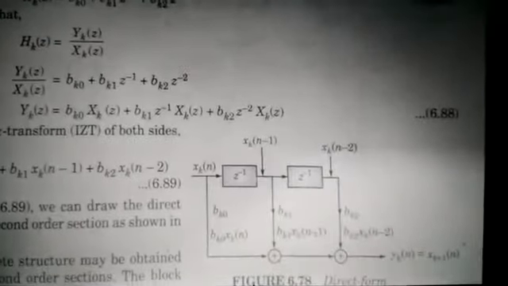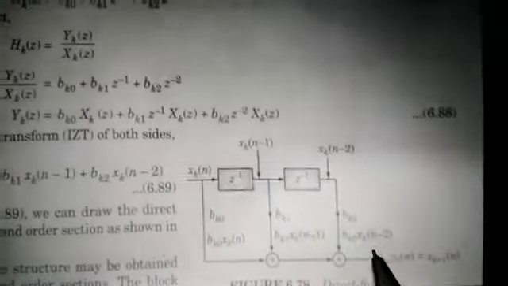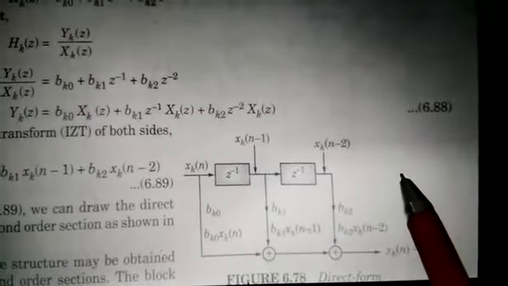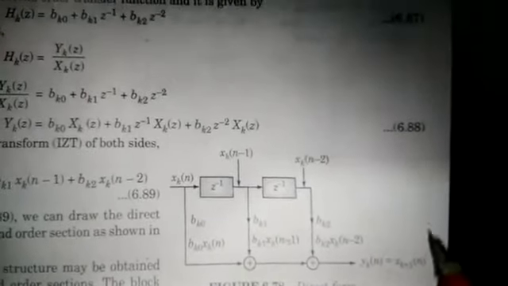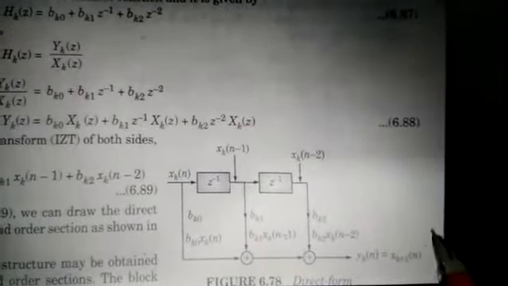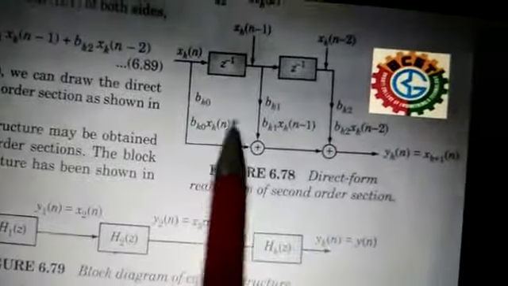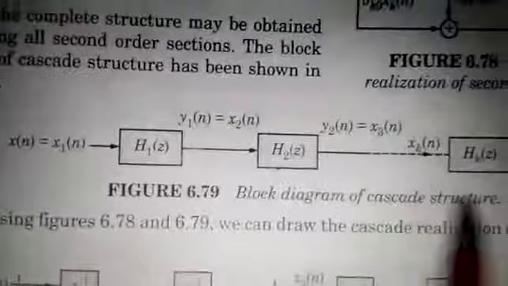The output of the first, h1 of z, will be applied to the input of the second direct form structure. The output of the second direct form structure will be applied to the input of the third direct form structure, and this way we will get the cascade realization like this. In the figure you can see here, this is the output y2, and the cascade can be connected like this.